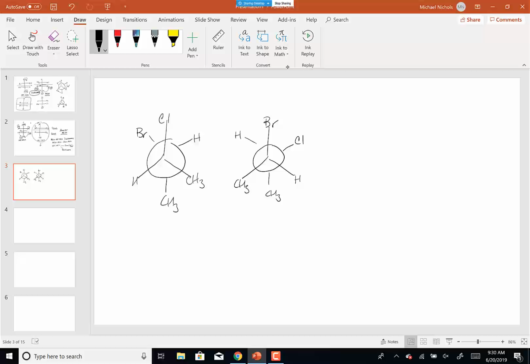Well, the issue is there's a chlorine at the top here, but over here there's a bromine at the top. So I can't compare those directly. So I got to put these two molecules in exactly the same orientation.